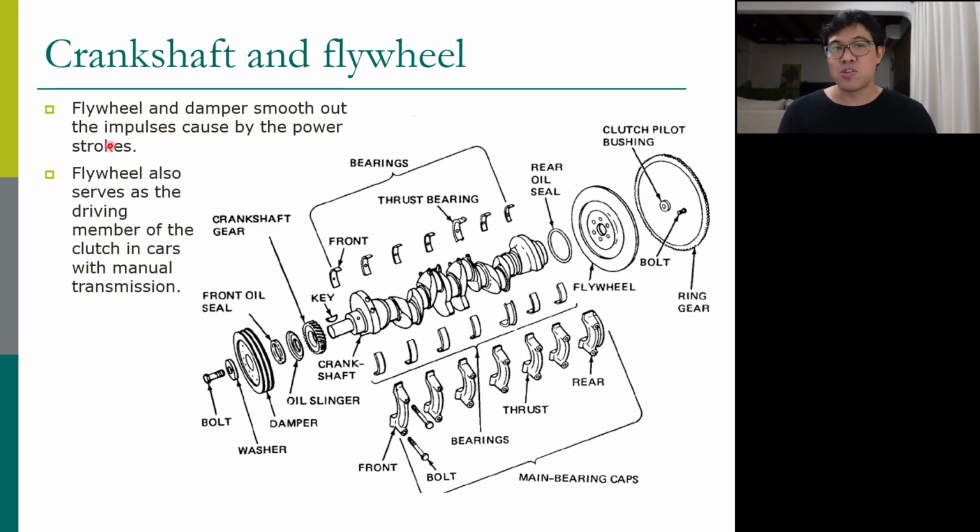So there are two purposes of the flywheel. The first is that it has large inertia, so that when you have a pulse, it doesn't affect the smoothness of the rotation. And two, it acts as the power output of the engine.